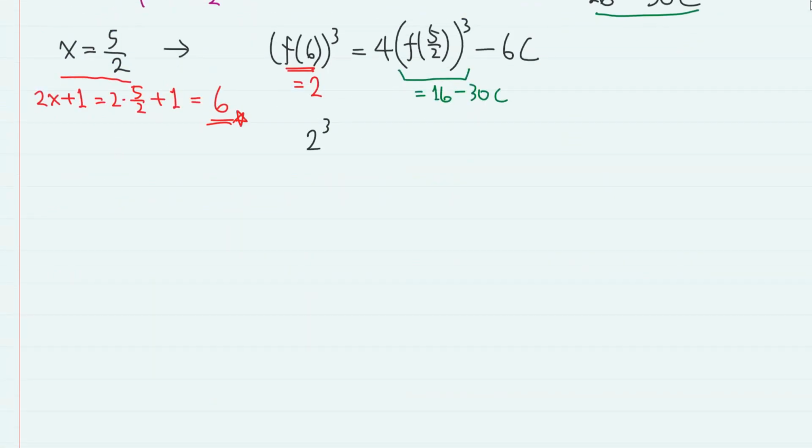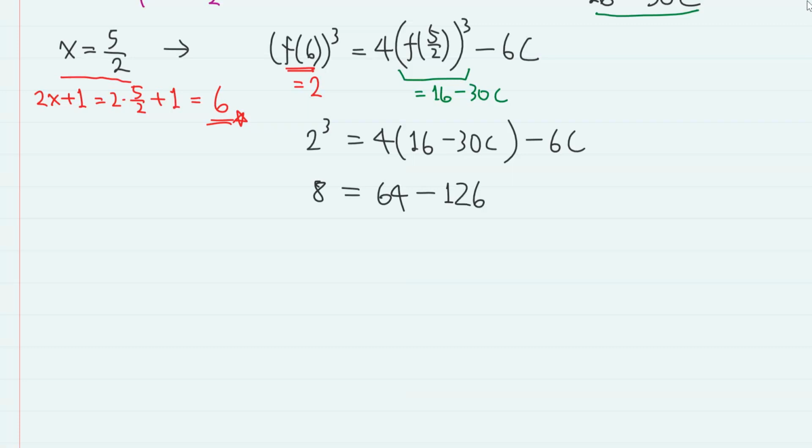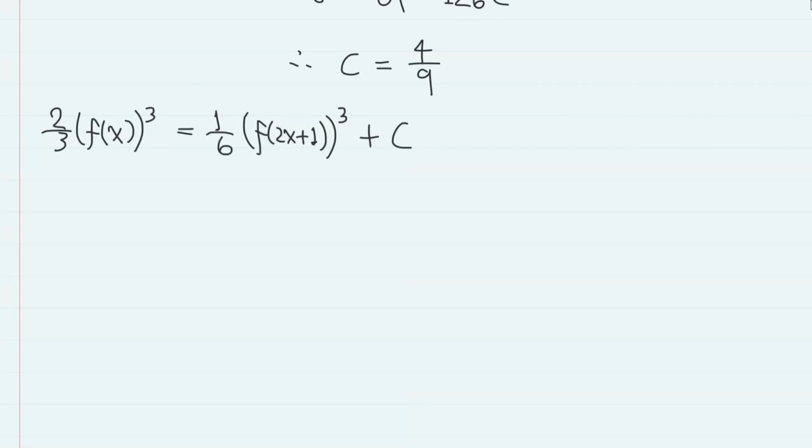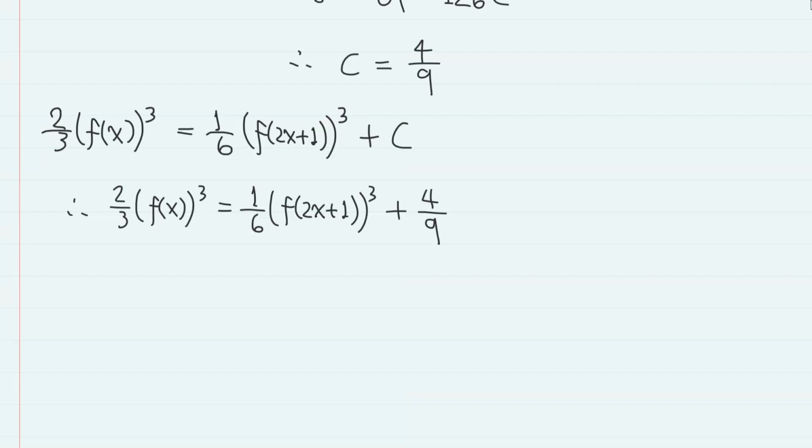So we have 2 cubed equals 4 times (16 minus 30c) minus 6c. So 8 equals 64 minus 126c. So we can find the value of constant c, which is simply 4/9. Therefore, back to the integrated relation over here, we have 2/3 of f(x) cubed equals 1/6 of f(2x+1) cubed plus 4/9.